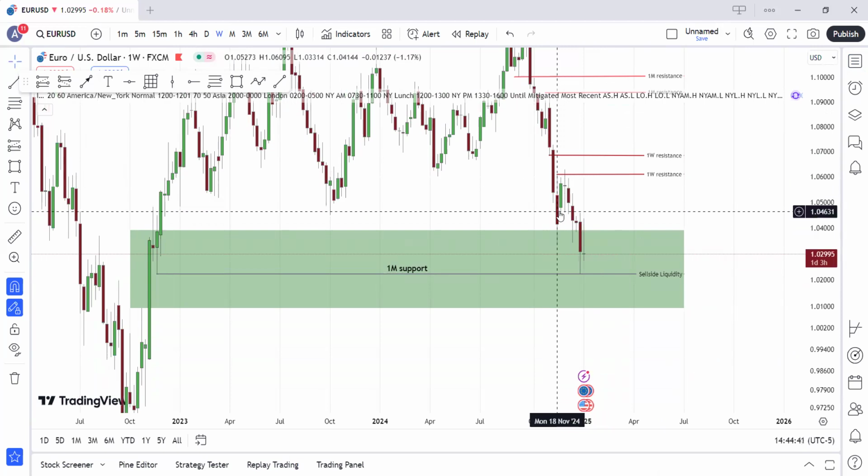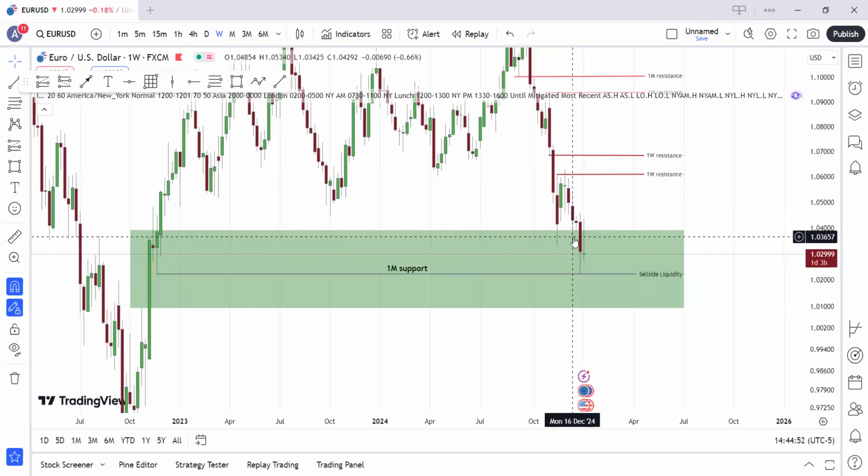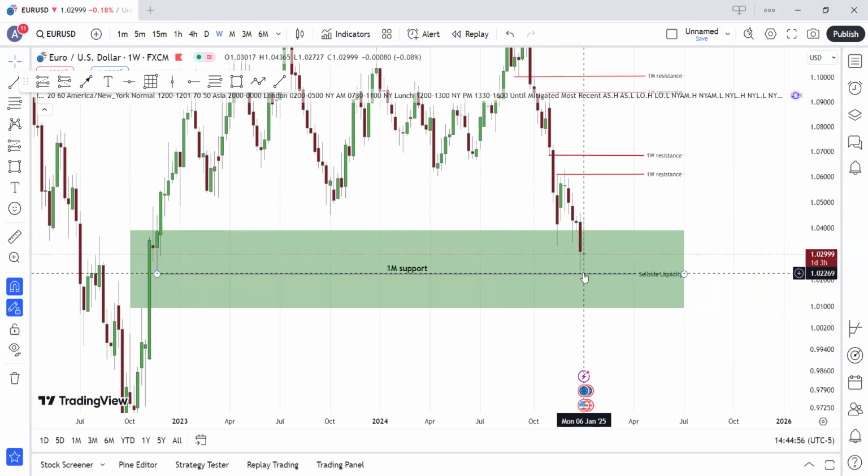And then we had a support area here, which is a gap because this one closed here and this one opened right here. So that was a gap. We went straight into that gap and traded higher again and then traded down, creating a quote unquote double bottom, but I'll call that relatively equal lows as ICT would teach.